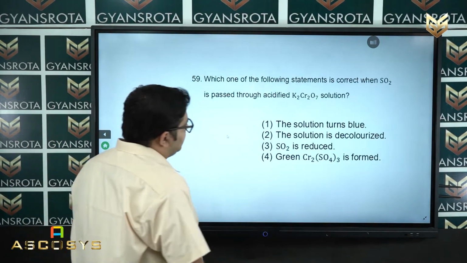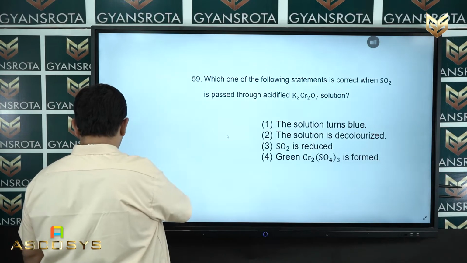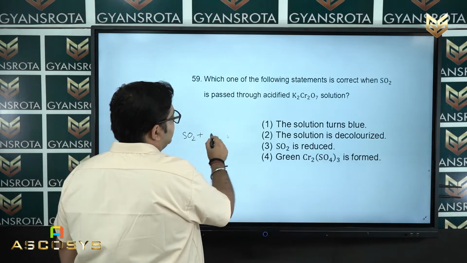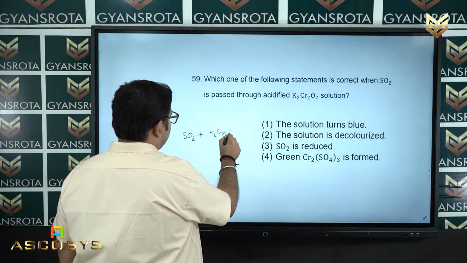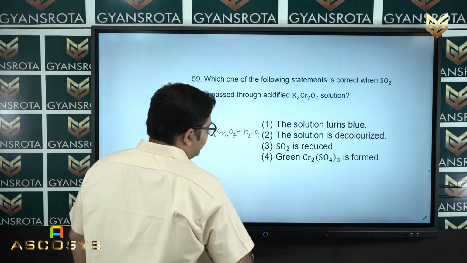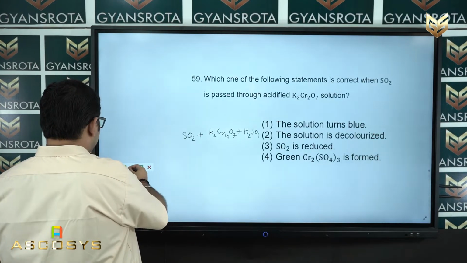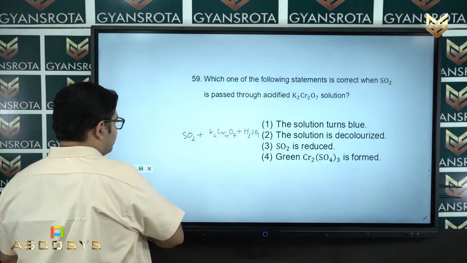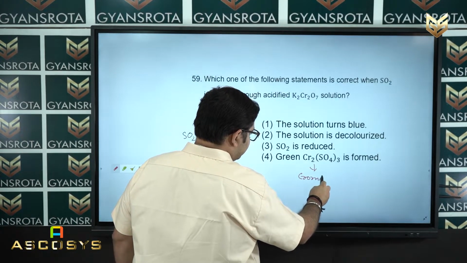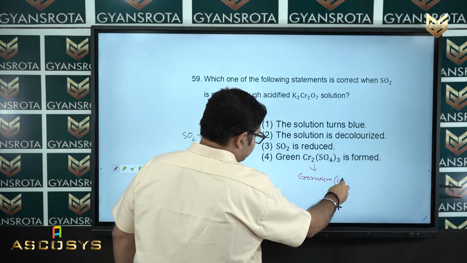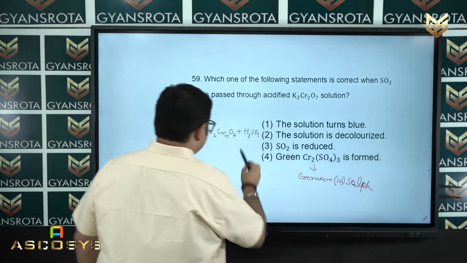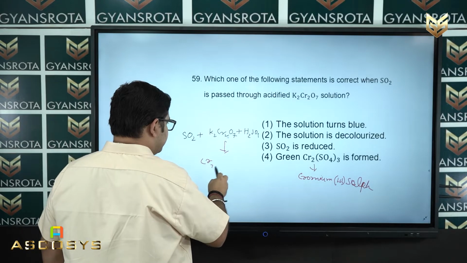So, if you see, when we pass SO2 in K2Cr2O7 in presence of H2SO4, we obtain, if you see the options, chromium 3 sulphate as the product.